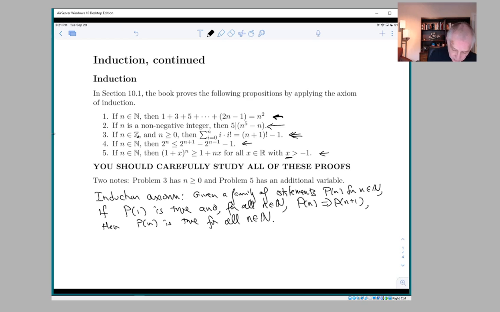But what about if you have a family of statements which are labeled starting at 0? So let's compare. Suppose Q of n for n in Z, n bigger than or equal to 0, is a family of statements.